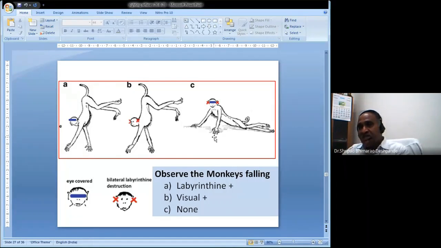Once it touches the ground and the limbs receive the inputs, these limb righting reflexes become operative. So this is one of the beautiful examples to show how the labyrinthine righting reflexes operate, how the visual righting reflexes operate, and how the limb righting reflexes operate in maintaining a posture when the posture is being challenged in this monkey.